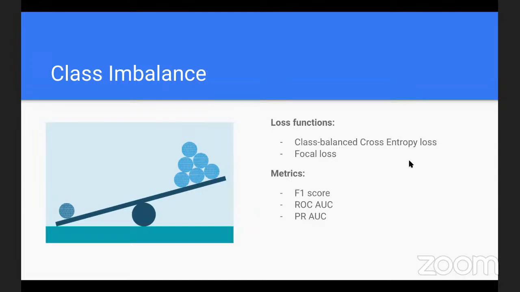And when you perform the evaluation, you can't use accuracy, right? Because it just won't work. So you'll have to use things like F1 score if you have a classification threshold, or things like the ROC curve or the precision recall curve.